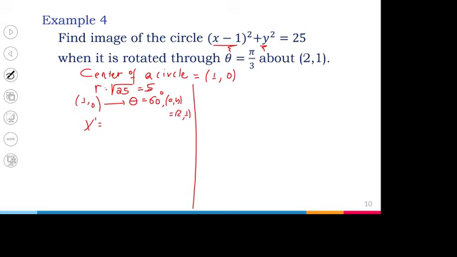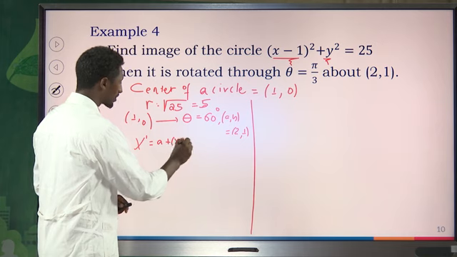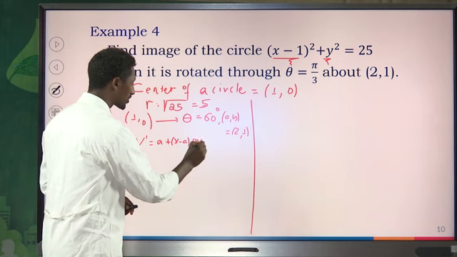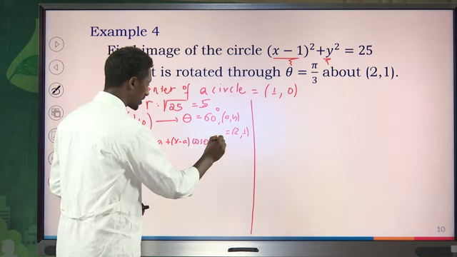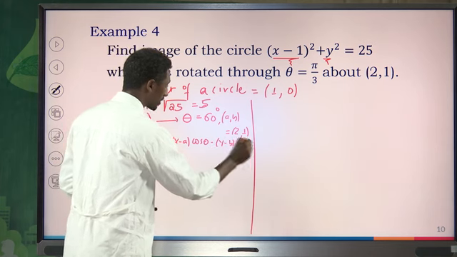So what is x prime? That is a plus (x minus a) cos theta minus (y minus b) sin theta.